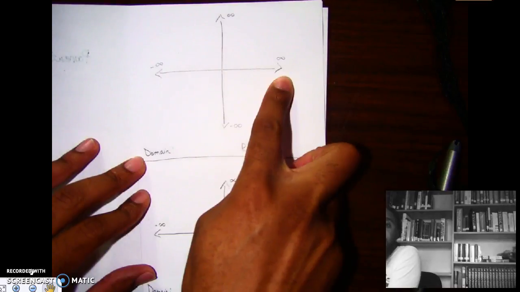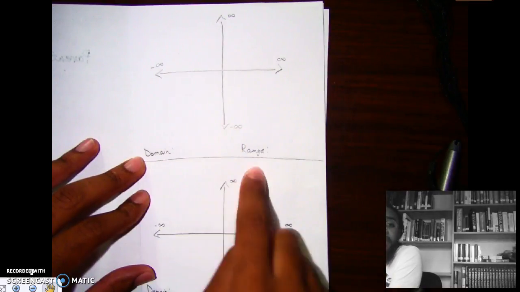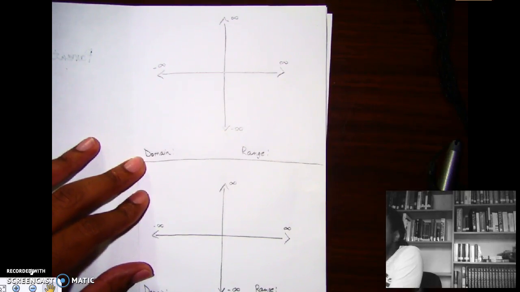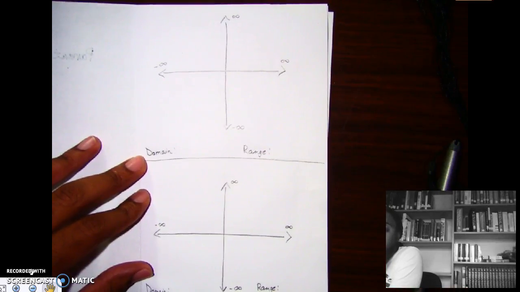We're going to add our infinity: negative infinity here, positive infinity here, and then negative infinity on the bottom, positive infinity on top, and domain and range. We're going to do that for each one of these graphs because there is a graph for each one of them, and there's a domain and range for each one of them. So go ahead and work on this now, and when we come back, we'll fill in all of it together.